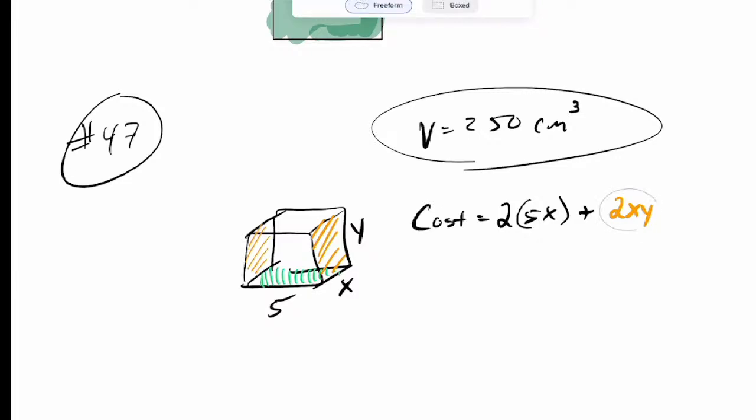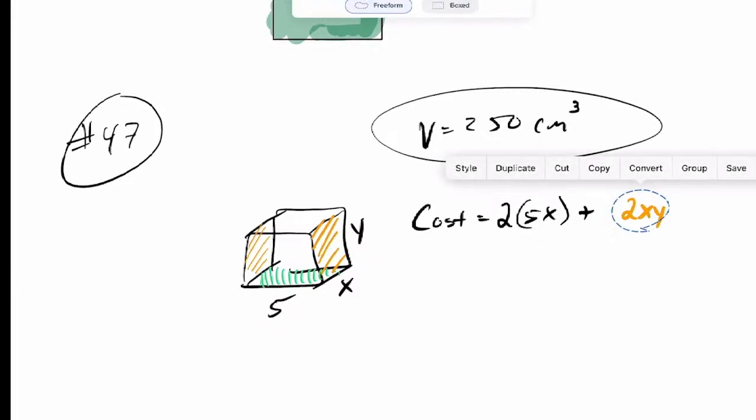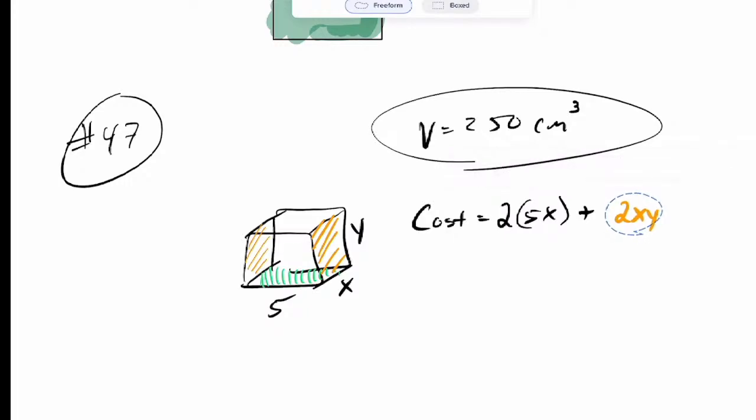But what's the cost of the sides? They tell me in the question the cost of the sides is $1, so I don't have to multiply by anything. And then the cost of the front is going to be 5 times y. And there's 2 of those. So plus 2 times 5 times y.